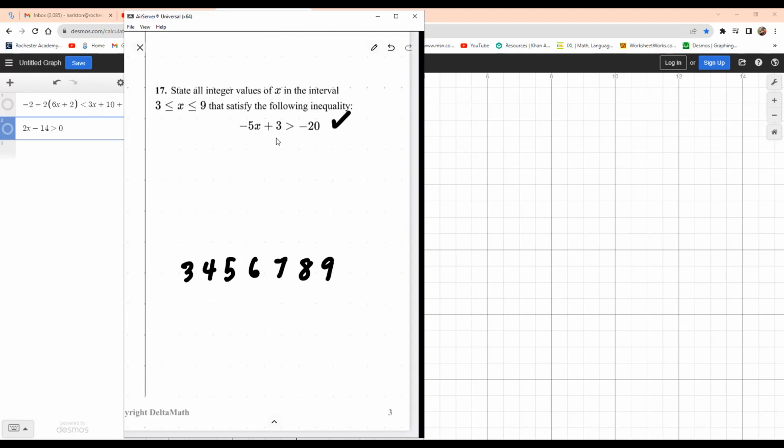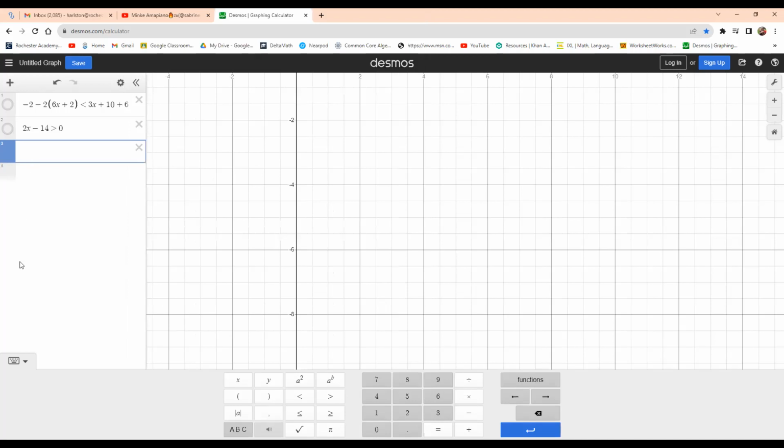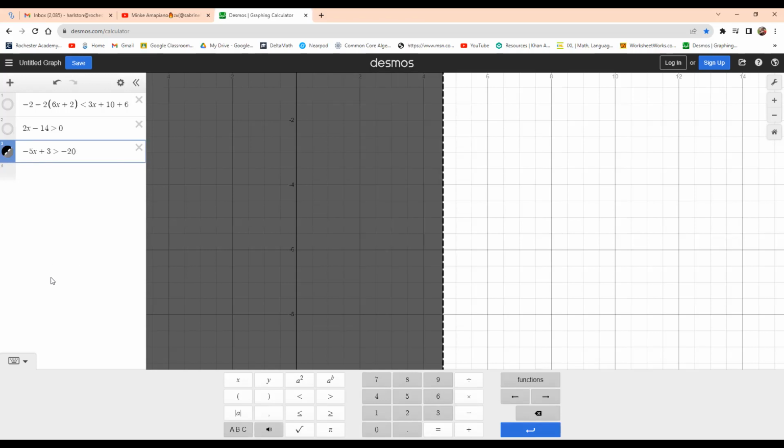So all we're going to do is find out which way the shading goes, and then find out which of these numbers are in there. So I am just going to type in -5x plus 3 is greater than -20, and then I shade it.